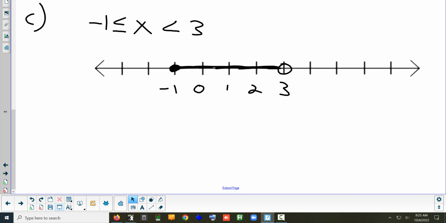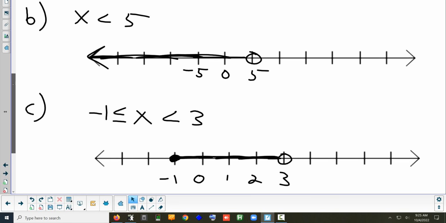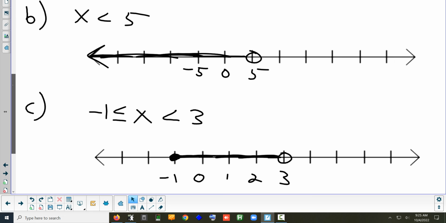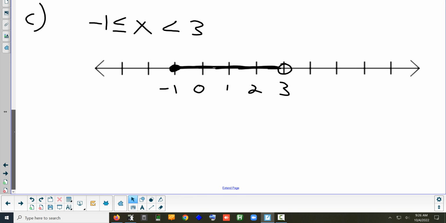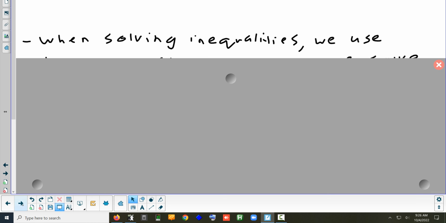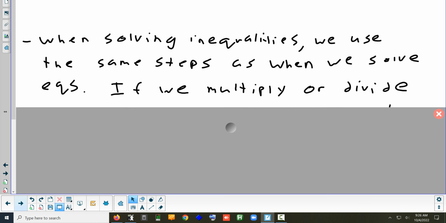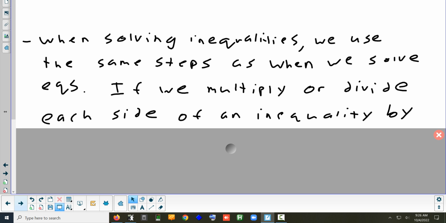So there's 3 different ways that we just went over to represent your answer to an inequality problem: graph, inequality, interval. Now we're going to look at solving a problem to get an answer that looks like that. So when we're solving inequalities, it's basically the same steps as when you're solving an equation. There's only one extra thing that can happen.